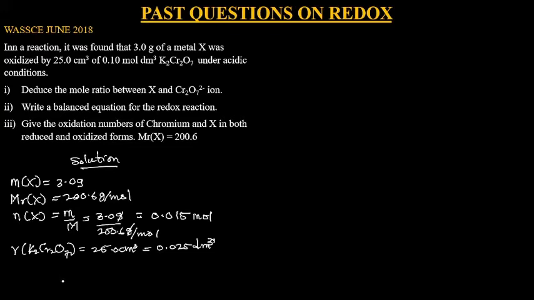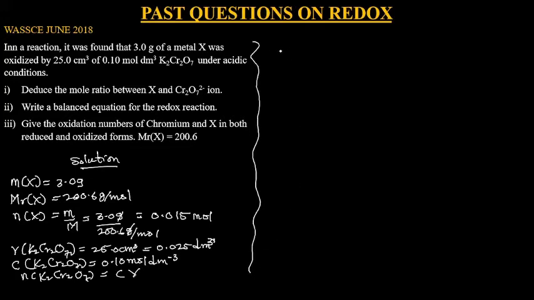And now we are also given the concentration of K2Cr2O7 to be 0.1 mole per dm³. That means that the mole of K2Cr2O7 can be calculated as concentration times volume.